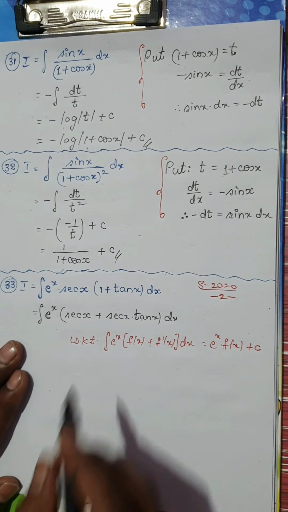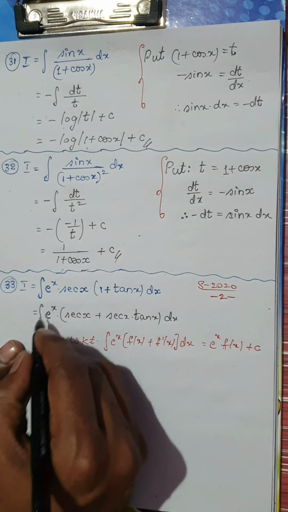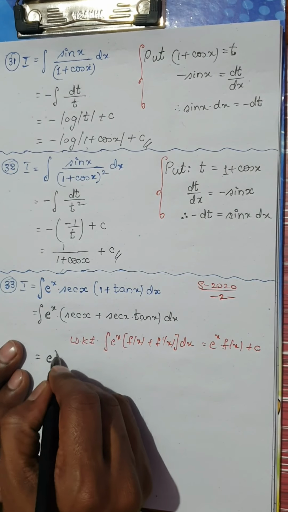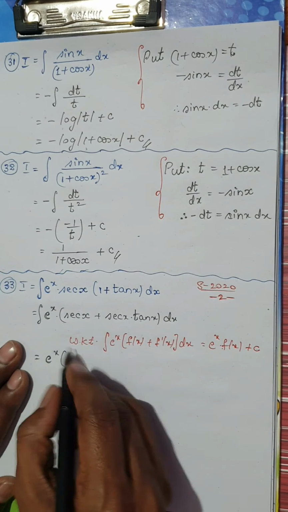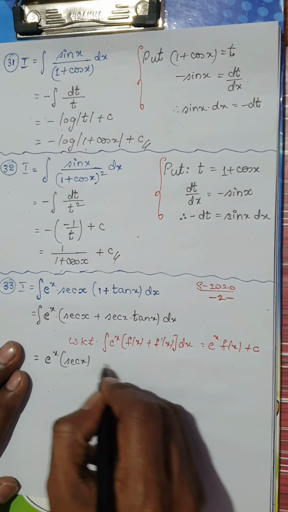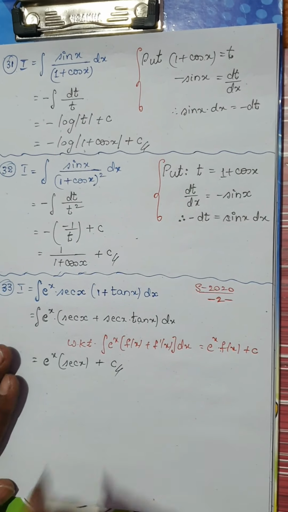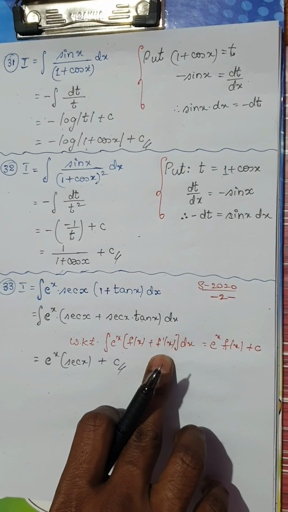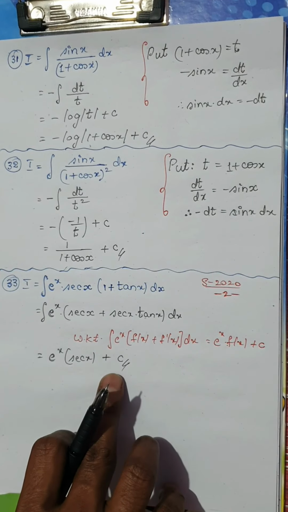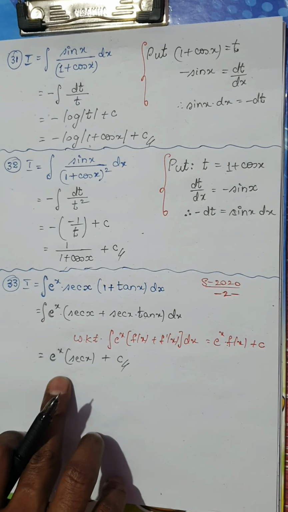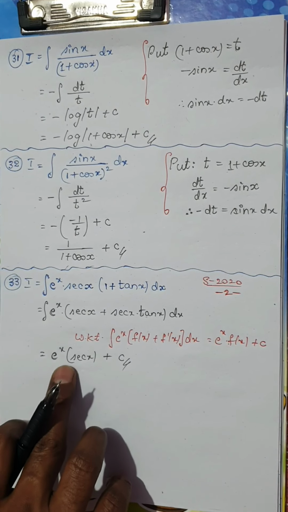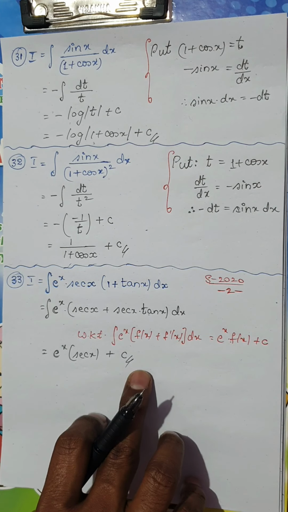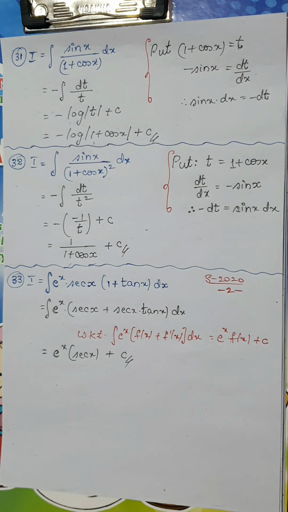By using this, I directly get the solution as e power x into f of x. Here f of x is secant x, plus the constant of integration. Make sure you write this result so that you get 2 marks completely here. By using this result, we directly write the solution as e power x into secant x plus c as the final answer.